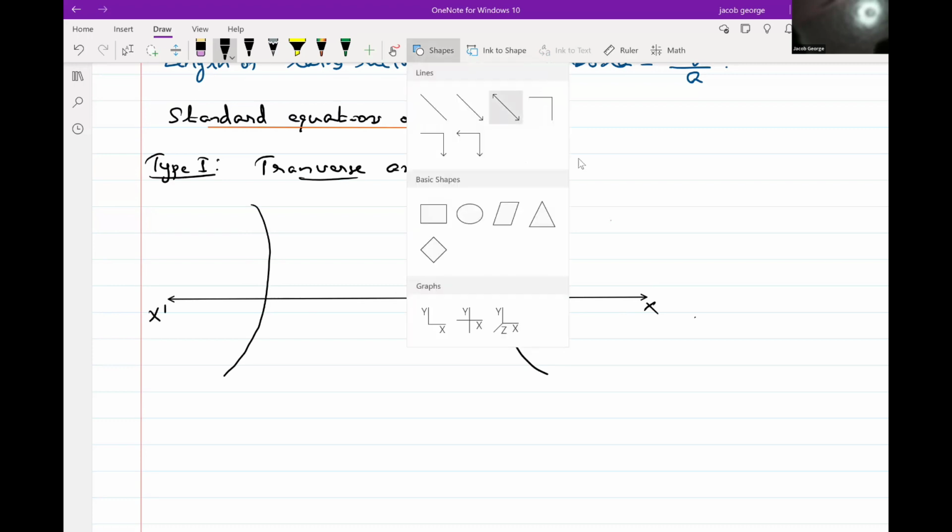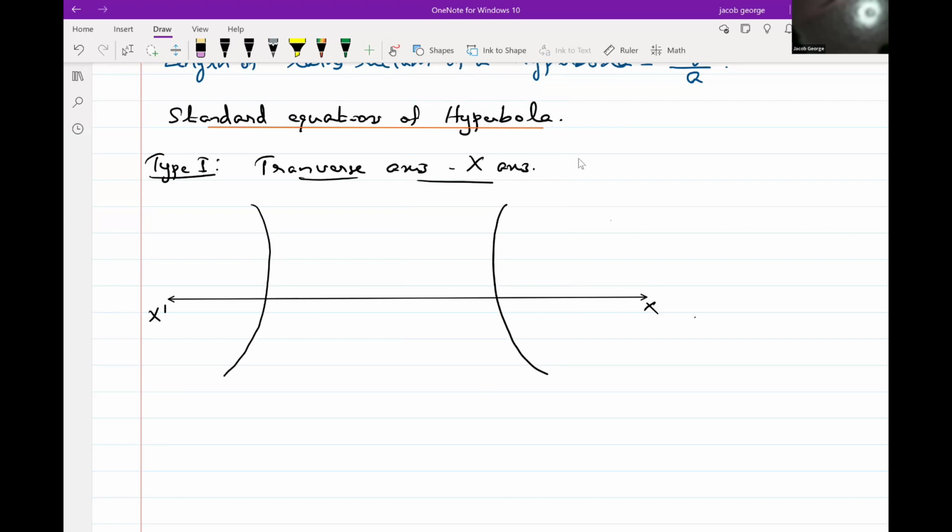Next, the y-axis. Here the transverse axis is the x-axis. The axis to which the hyperbola belongs is the transverse axis. So this is the transverse axis, and this axis is the conjugate axis.